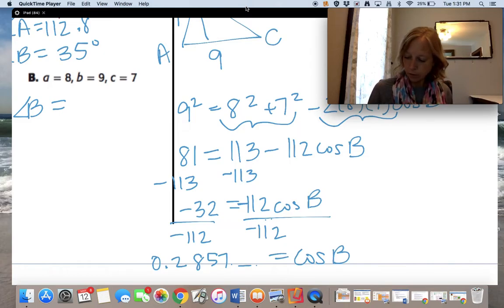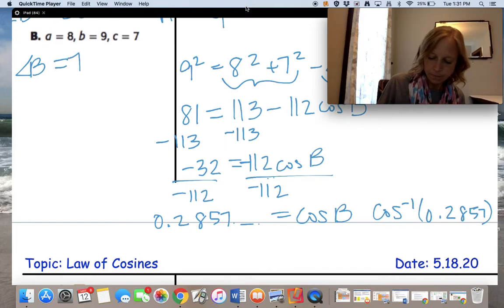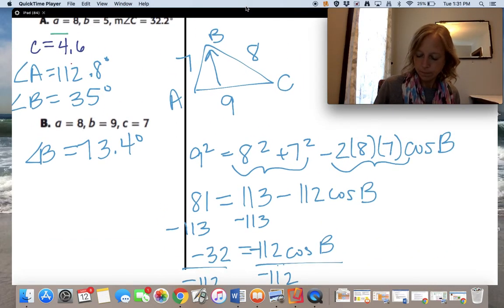So the inverse cosine of this ratio, 0.2857 and so on, gives me 73.4 degrees. So that's what my angle measurement is.